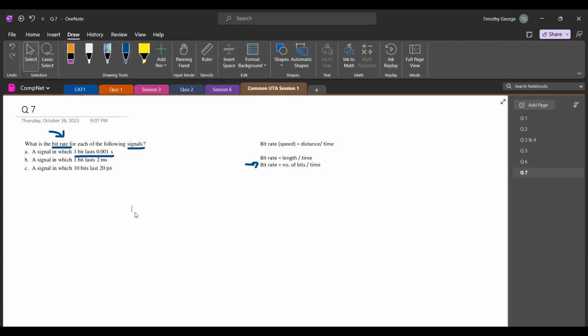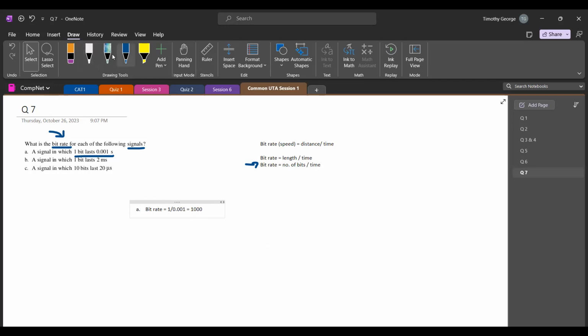So let's quickly solve this. This is an easy question. For part A, bit rate is equal to, so how many bits? Everywhere it's 1 bit, except the last part. So you have 1 bit divided by how much time? 0.001. And it's coming to 1000. So 1000 what?